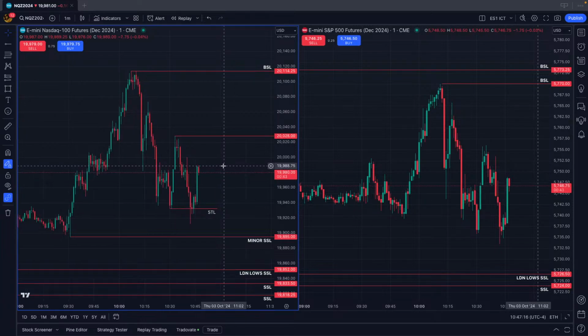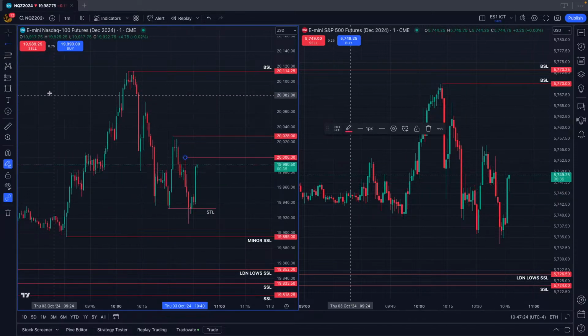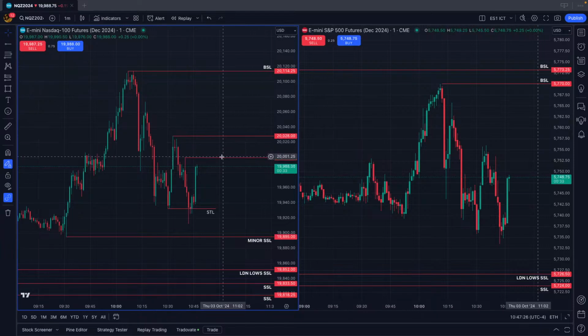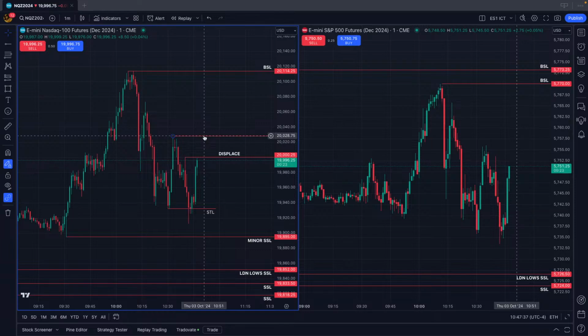We have not seen a valid displacement higher on either NQ or ES at this point. After taking that short-term low, a displacement would be above this level here. But if I see a displacement, I do not want to see price take out this level here.